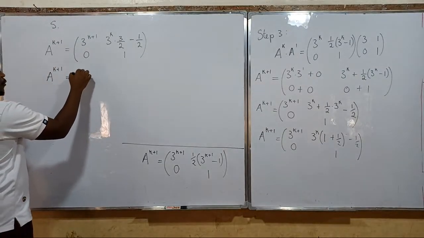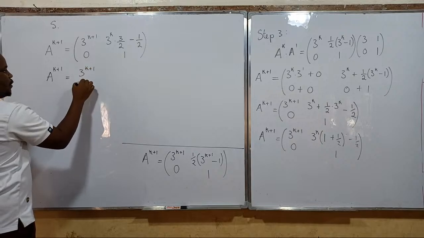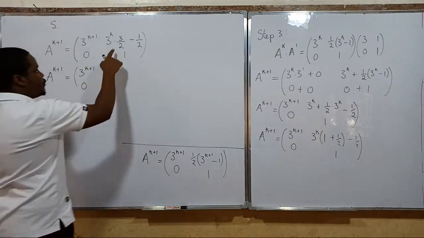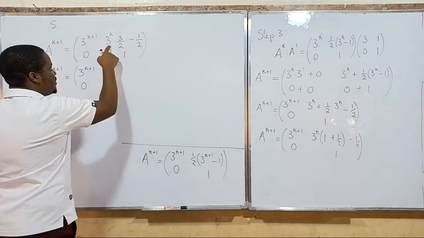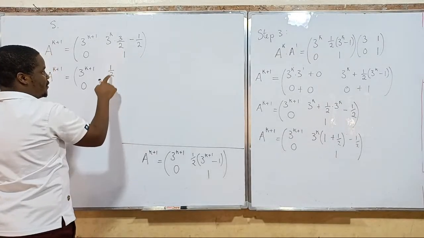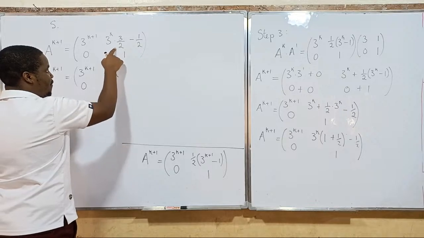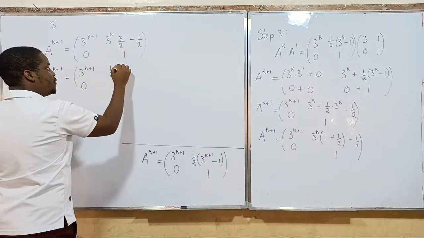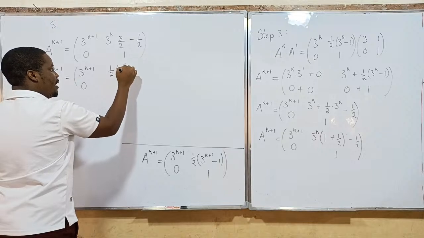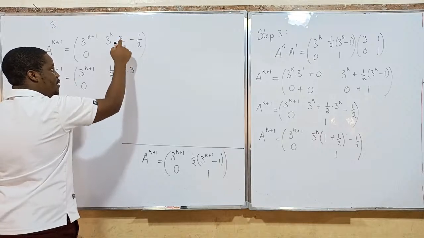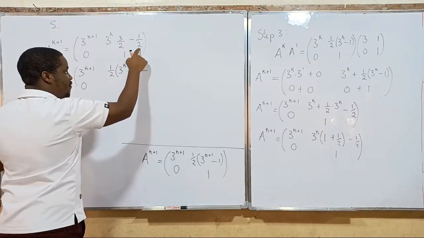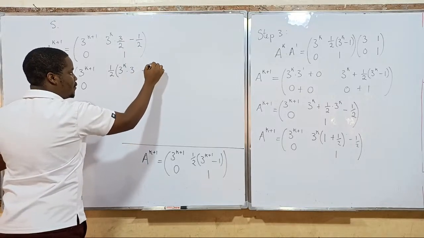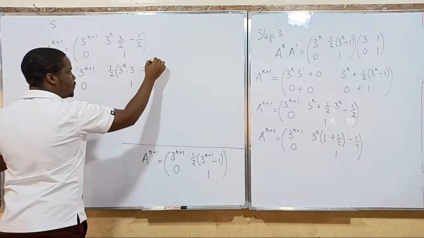This is equal to 3 to the k plus 1. Here we have a 0. So factor out a half, like this. Remember there's this 2. That's why I'm factoring out a half. If we remove a half, this 2 comes out. What remains? 3 to the k and another 3. Is that okay? Minus, if you remove this half, what remains here? 1. Here what we have? 1.